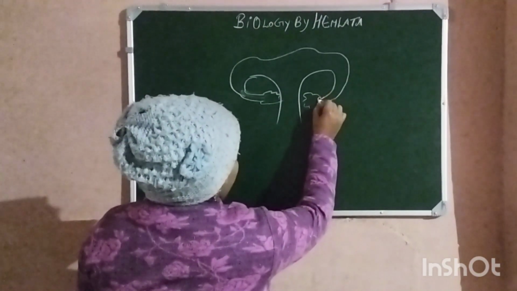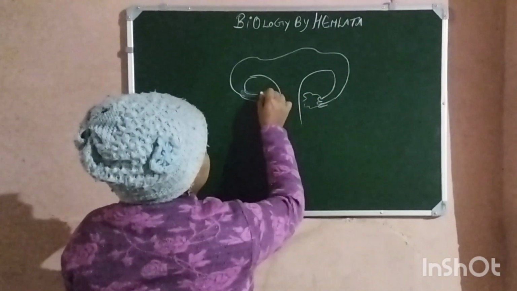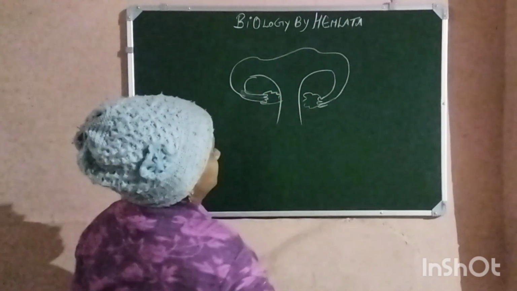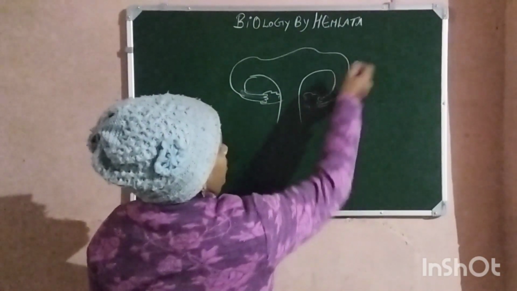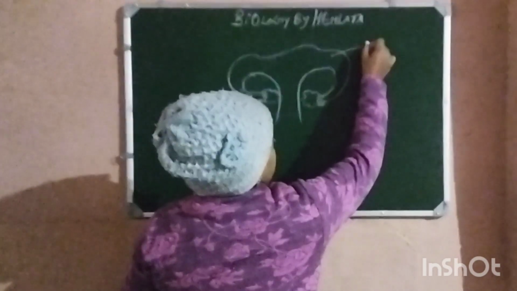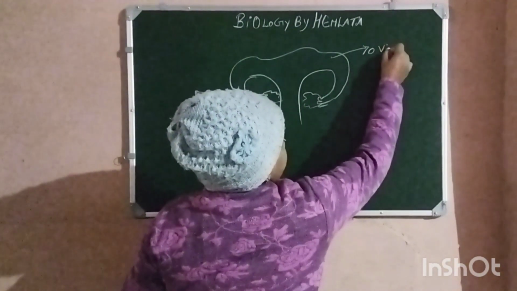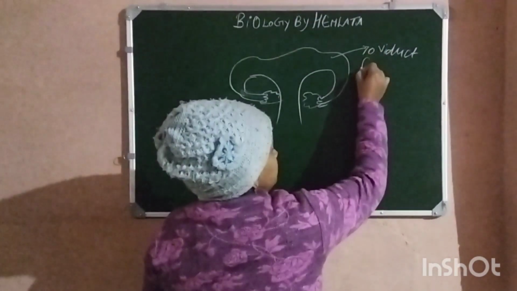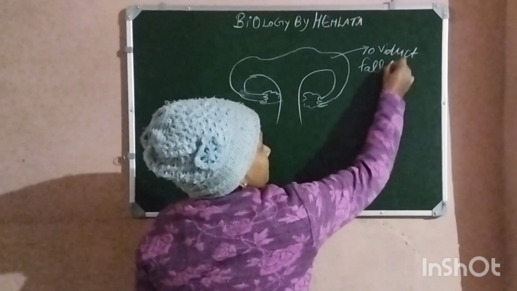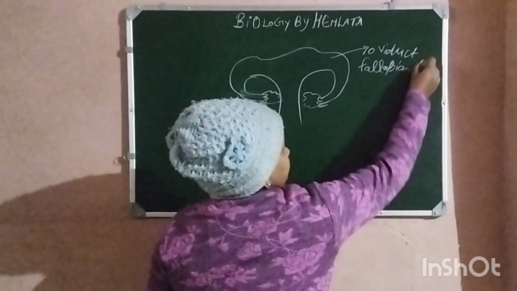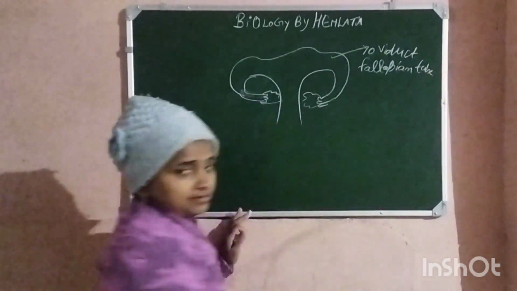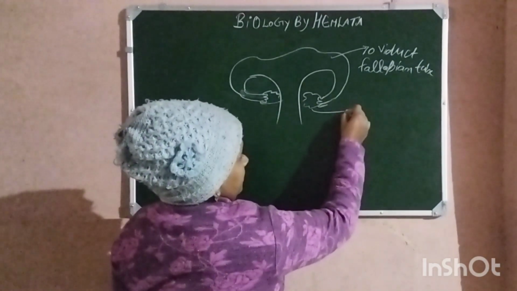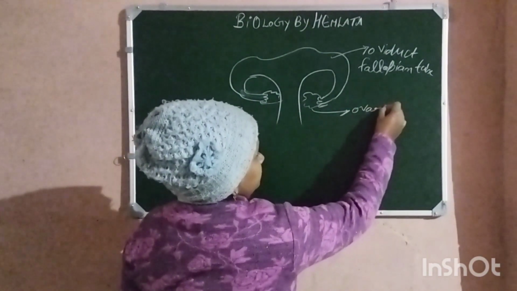Here you will draw finger-like projections like that. So how will you label them? This is the region oviduct, or oviduct's other name, we can say this is the fallopian tube, and we have a pair of ovaries.